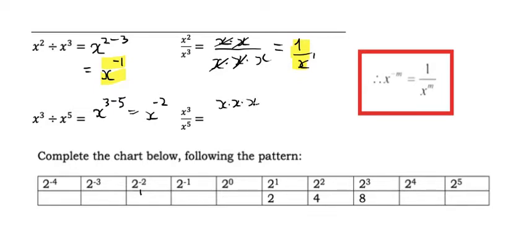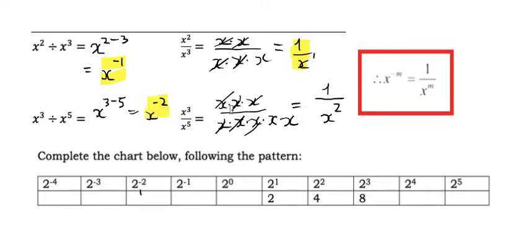Taking the expansion approach, you can see that 5 on the bottom and 3 on the top, you will be left, after you cancel, with just the 2 x's on the bottom. Okay, which makes sense, right? You had more on the bottom to start with. Again, change floors, change the sign.